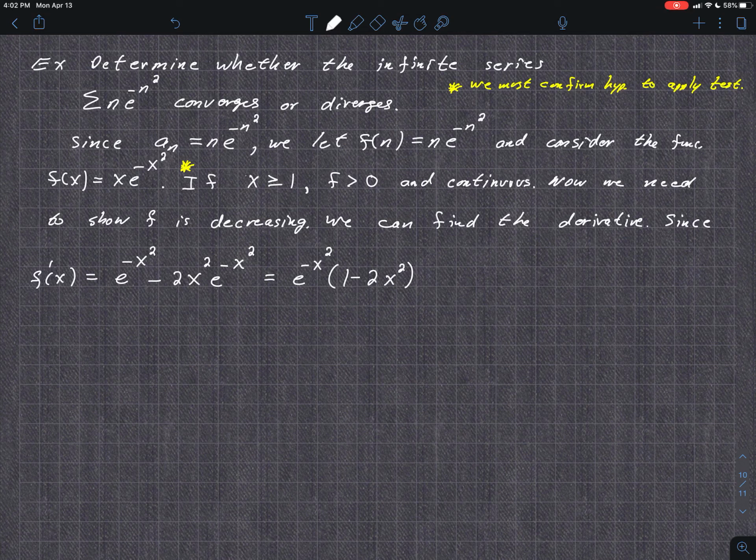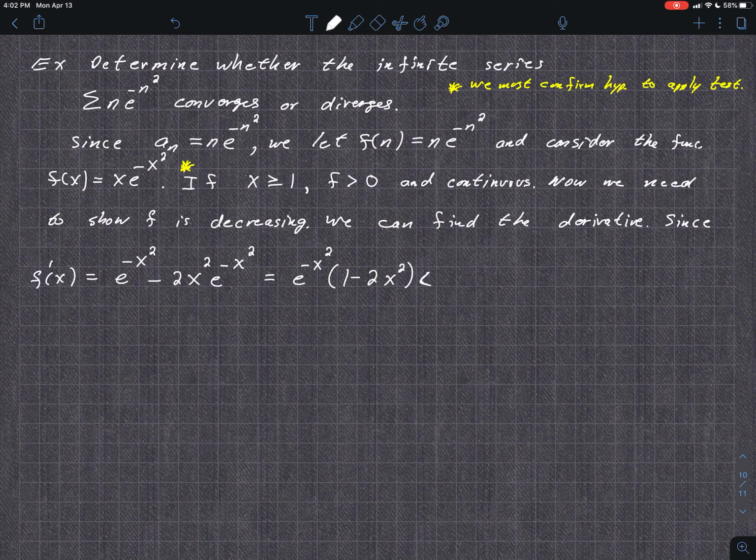So we know that e to the negative x squared, or e to anything, is always positive. And remember that we're saying x is greater than or equal to 1, then we're subtracting. So it's 1, and then we're subtracting 2 times something greater than 1. So in that case, this will always be negative.